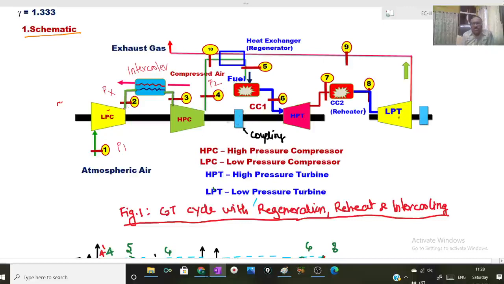Similarly, this LPT is connected to this generator through this coupling. So here also power will be lost. Means whatever power output is supplied to the generator will not be available to the generator side. Only 95% of this will be available. That is due to mechanical efficiency. And in both the cases, the mechanical efficiency will be 95%.